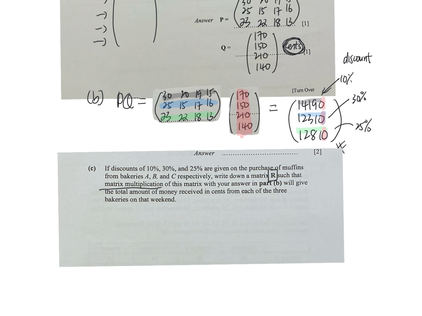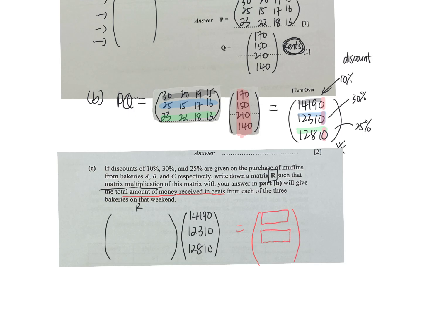So I need to find a matrix R so that when I multiply to this, I can get the total amount of money received in cents for each of the bakery. So I need these 3 to be the amount of money I receive, not the discount I get. So I cannot go and find the 10%. I want to find the 90% because this is the amount I will collect.